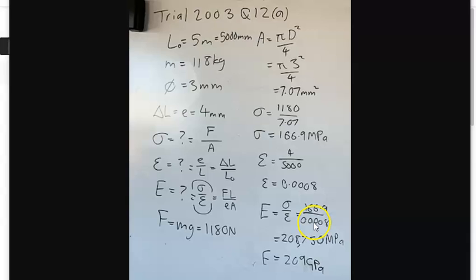That strain was calculated using millimeters, and our stress is in megapascals, so our answer is going to continue to be in megapascals, and we're going to get 208 point something megapascals, which rounds up to 209 gigapascals.